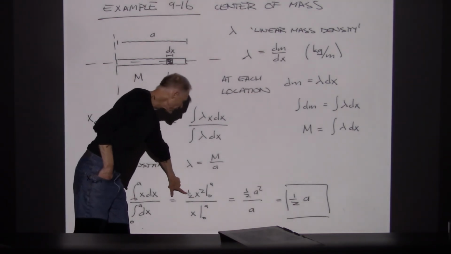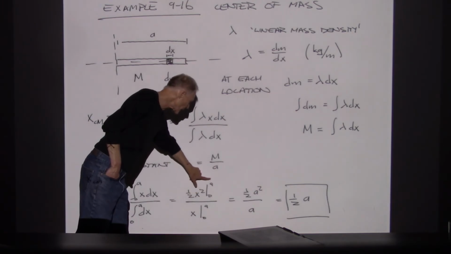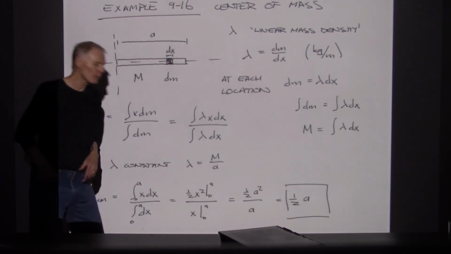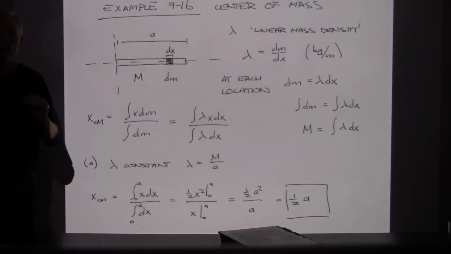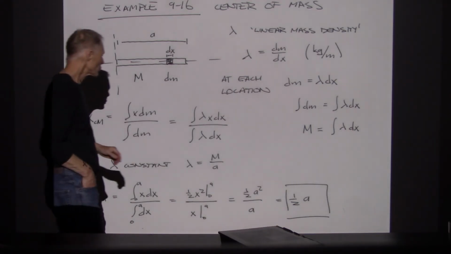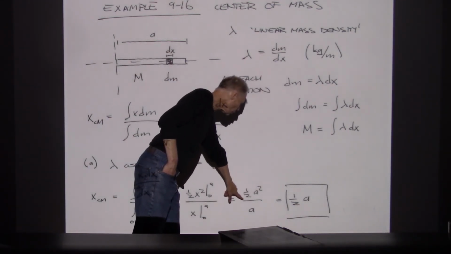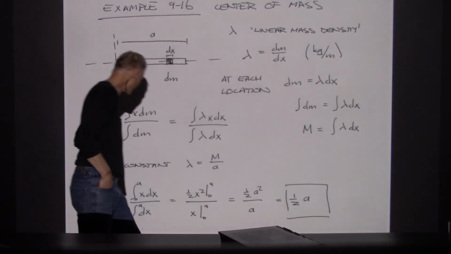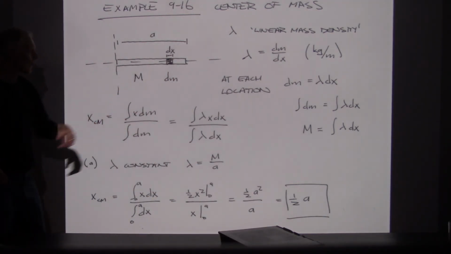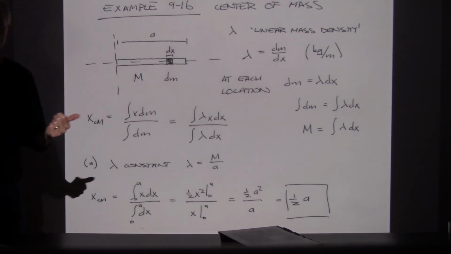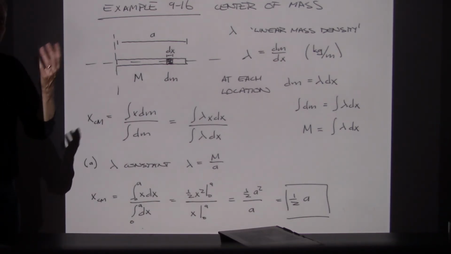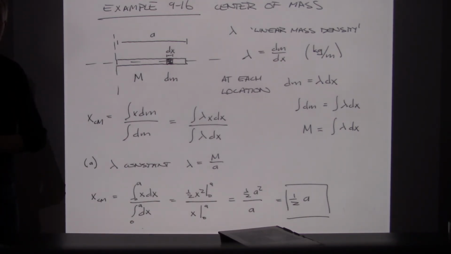This becomes 1/2 x squared from 0 to a. The denominator becomes x evaluated from 0 to a. So that's 1/2 a squared over a, and it says that the center of mass for this uniform rod is located right in the middle, at 1/2 a.